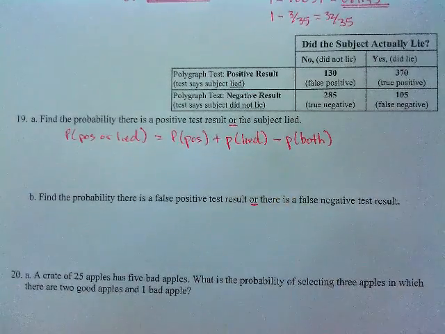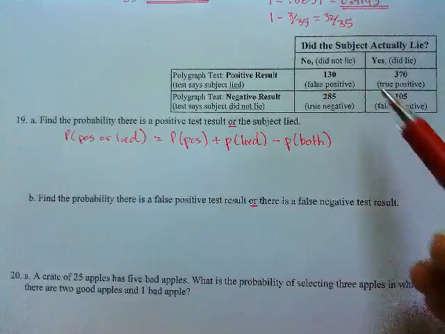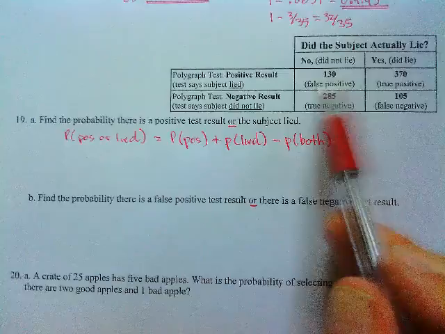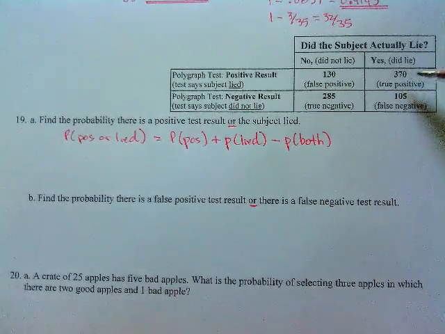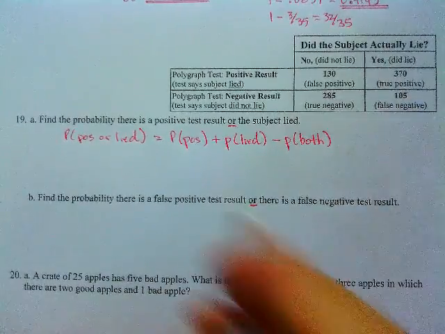In other words, they had a positive test and they lied. And if we check in our boxes over here, here's our positives, so there are 2 boxes. And here's our did lie, there are 2 boxes, but they both share that 370. We do not want to double count, and so that's why we have to subtract the both.